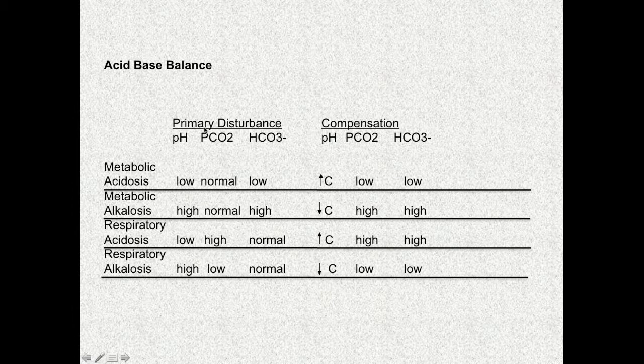PCO2 is a function of the respiratory system. Since the respiratory system is not malfunctioning in a metabolic acidosis, then the CO2 levels are going to be normal. Now, whenever we have a metabolic problem, it's going to manifest as an initial abnormality with HCO3. So whenever we have a metabolic acidosis or metabolic alkalosis, it's really being caused by this change in bicarbonate.